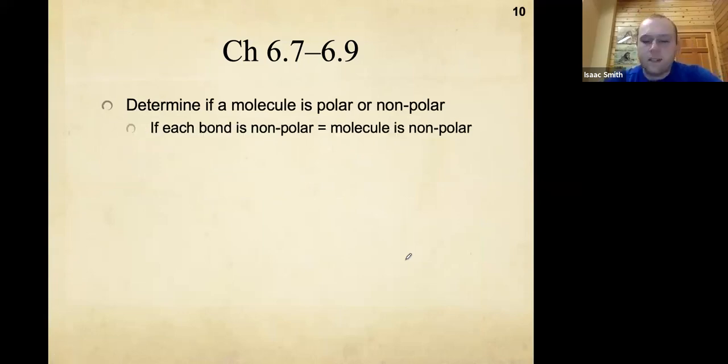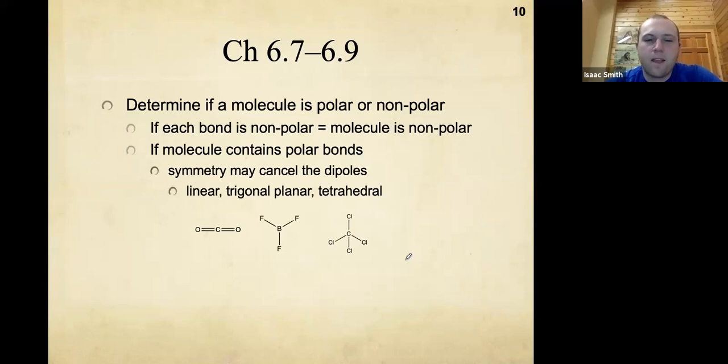Okay. So if each bond is nonpolar, then the molecule is nonpolar, right? We talked about that. But if it contains polar bonds, then there are some things that cancel out the dipoles. We talked about how the carbon-oxygen bond is polar, but the electron movement will just cancel each other out in carbon dioxide and get a net movement of 0 across the molecule.